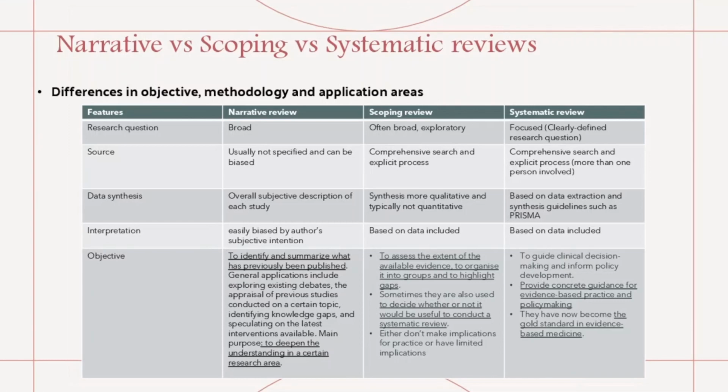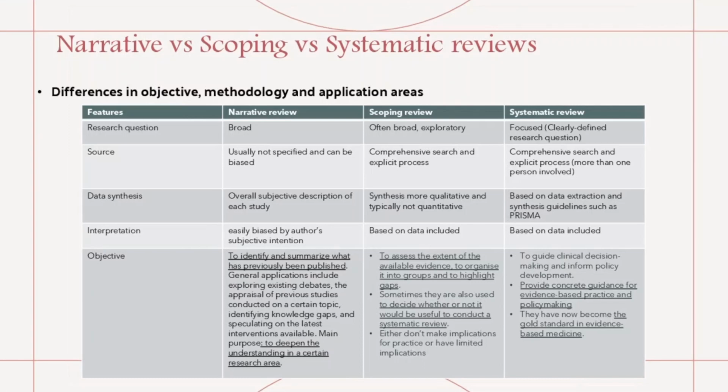Then, on top of the evidence-based medicine validity of literature reviews, we can find systematic reviews, which are the ones which actually follow pre-specified guidelines, which are the PRISMA guidelines, and they answer clearly defined research questions.